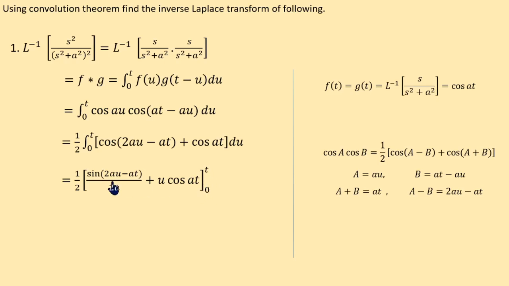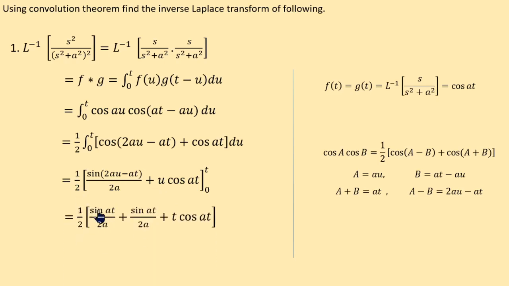When you apply upper limit t, 2at minus at is at, sin at. Lower limit u is 0 means sine of minus at, that is minus sin at. Upper limit value minus lower limit value, sin at minus minus sin at, that is plus sin at. 2 sin at by 2a, cancel 2, sin at by a, plus t cos at, lower limit 0.